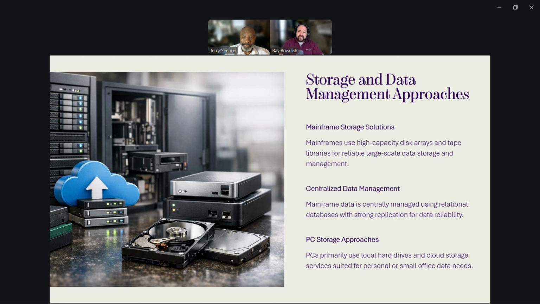Yeah, I also spent a lot of time as a storage admin, so it's an interesting place. But yeah, mainframe storage. Again, it can be about the size of a refrigerator. You can have hundreds of hard drives, or now even, I'm sorry, not flash drives, solid state drives, connected inside these boxes.